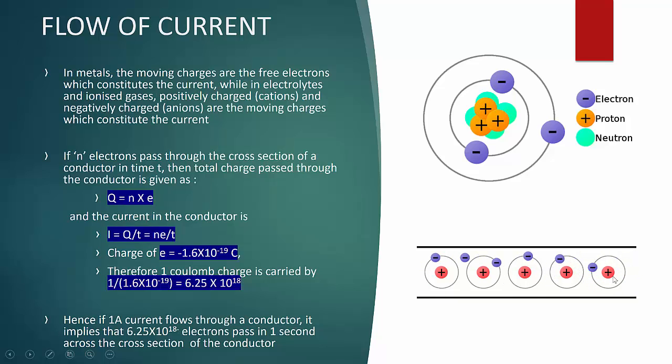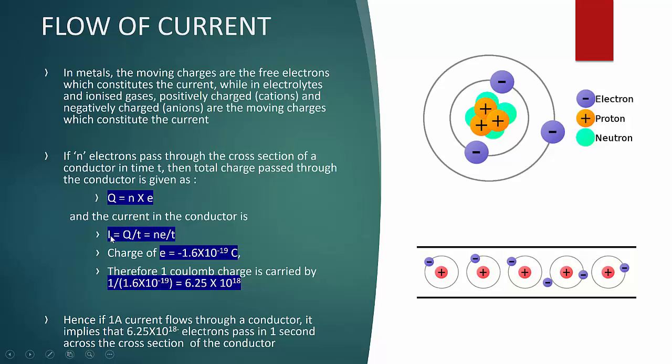It consists of several atoms, and this figure shows the electrons at the outermost orbit, the valence electrons or free electrons. So if n electrons pass through the cross section of the conductor in time t, then the total charge passed through the conductor is given as the number of electrons times the charge on each electron.